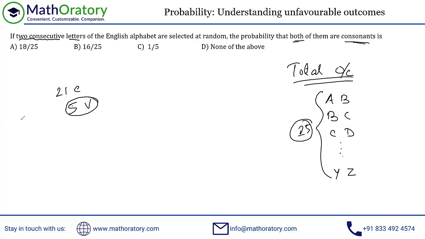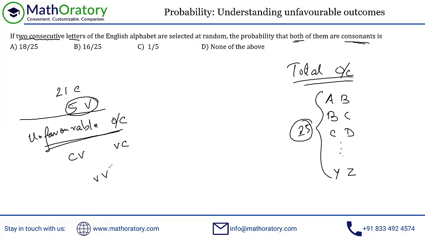Now, as I said, I'll focus a little bit on the unfavorable outcome, or the one which we are not looking to find, the complementary events. So the unfavorable outcomes are a consonant-vowel or a vowel-consonant, these two only, because I hope you understand that vowel-vowel is not possible because we are selecting consecutive letters, and the vowels that we have, A, E, I, O, and U, none of these are actually consecutive any which way.